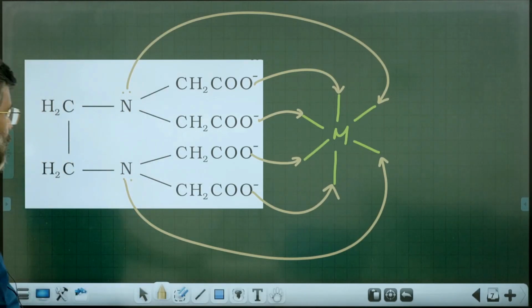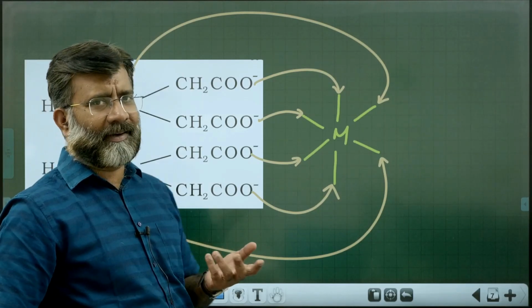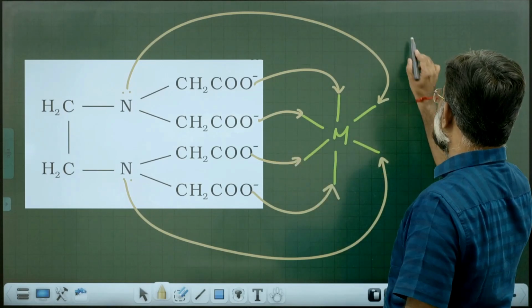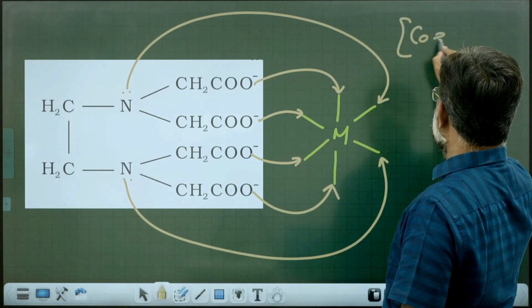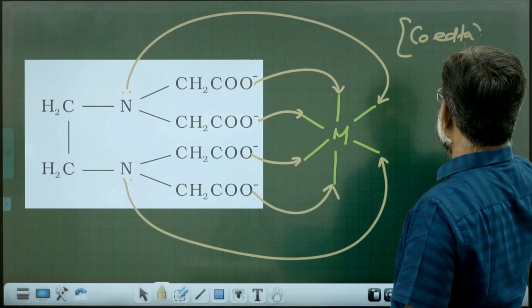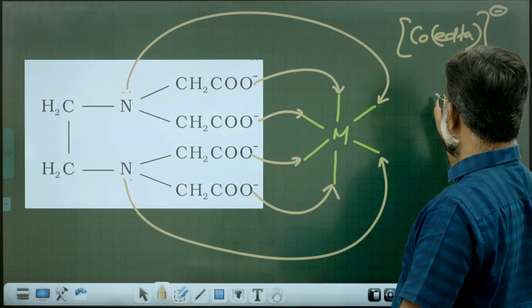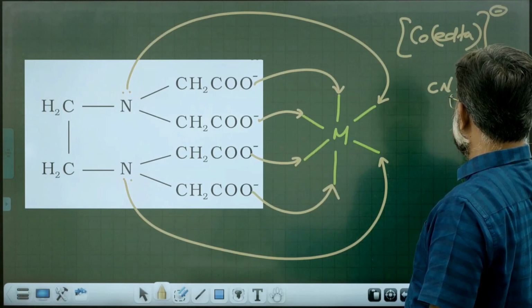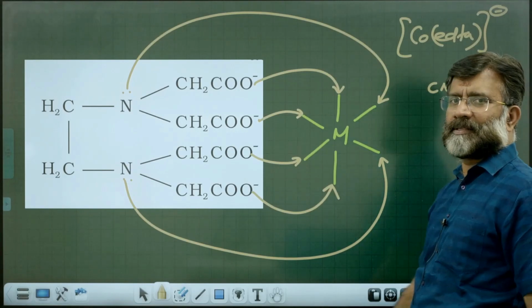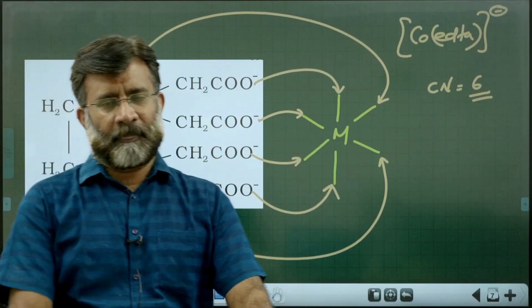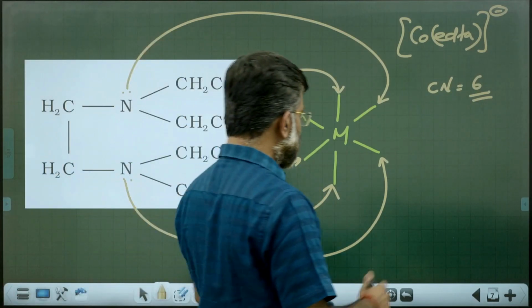And regarding EDTA, one very popular question came in an IIT exam. It is asking for such a complex, for example, CoEDTA minus. What is the coordination number? 6 is the coordination number. CoEDTA minus. Asking how many oxygen-cobalt and nitrogen-cobalt bonds are present in the complex. You can try yourself.